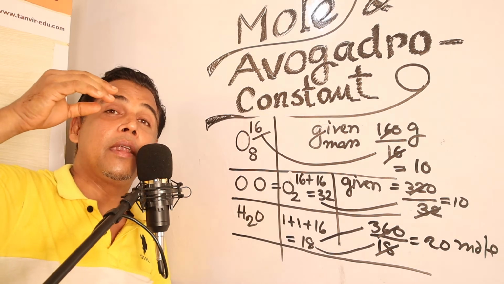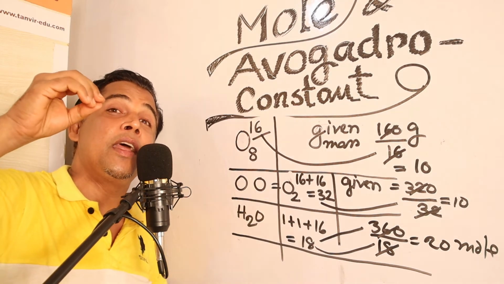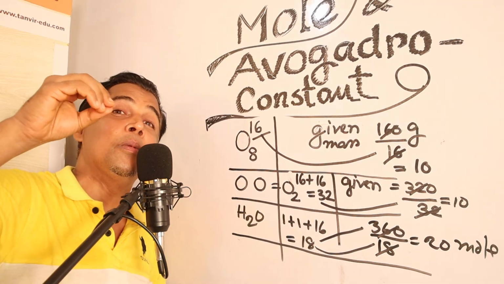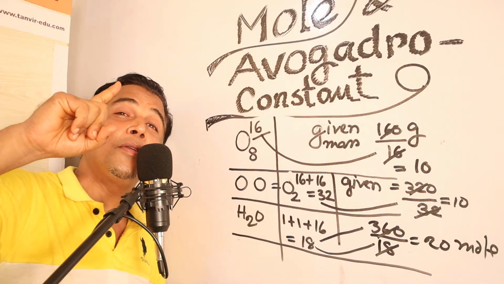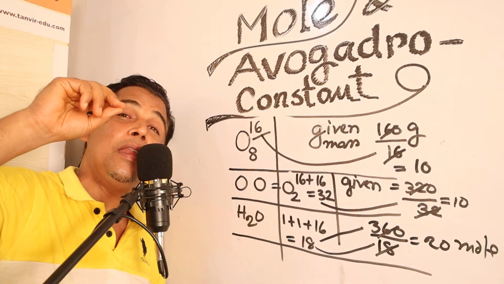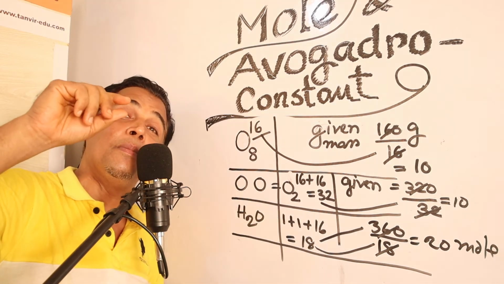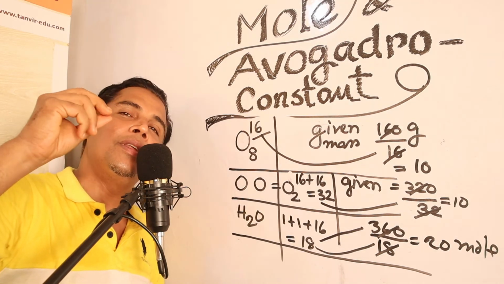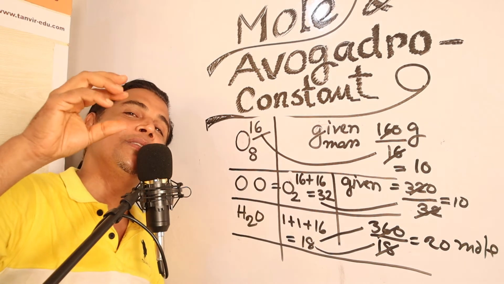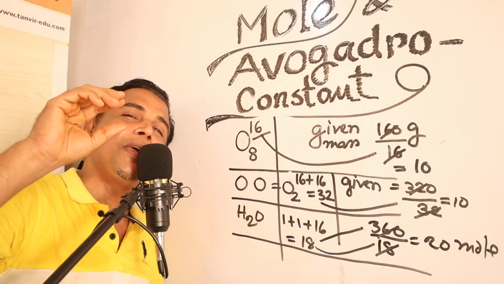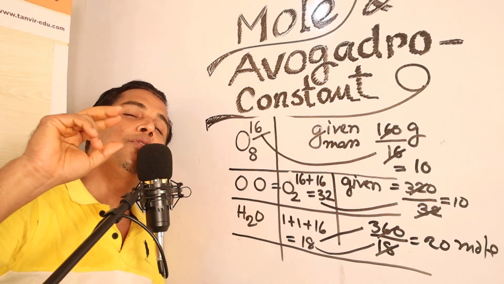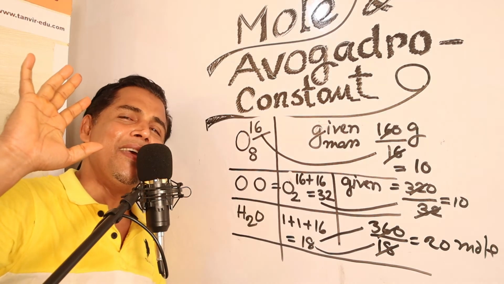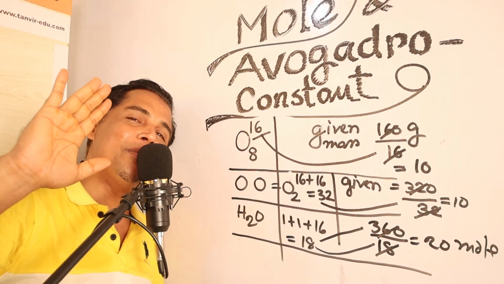Watch the definition of mole: either atoms or element or compound, but molecules mean the last stage. H2O is also a molecule. O2 is also a molecule. O2 is the same type of material. H2O means different types of material. Formula and molecule are the same thing.